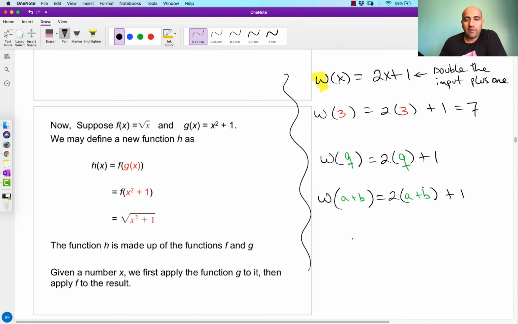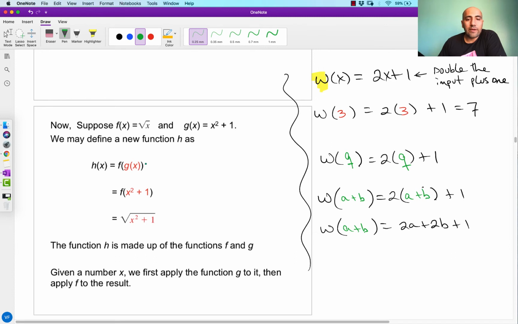And then maybe simplify it and say that this is equal to 2a plus 2b plus 1. That would be w of a plus b. Okay, so we can define our function. We can evaluate it at a number. We can evaluate it at another letter. We can evaluate it at a little equation.